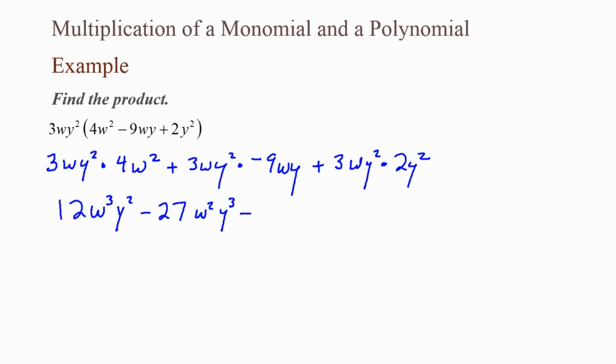For my third term, 3 times 2 is 6. Bring down my w. Y squared times y squared is y to the 4th. So my final answer is 12w to the 3rd y squared minus 27w squared y to the 3rd plus 6w y to the 4th.